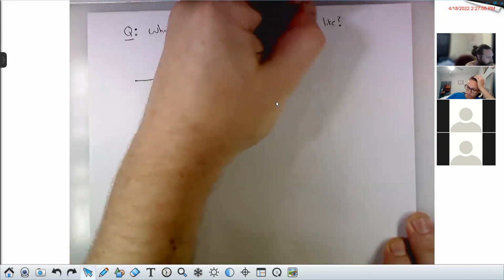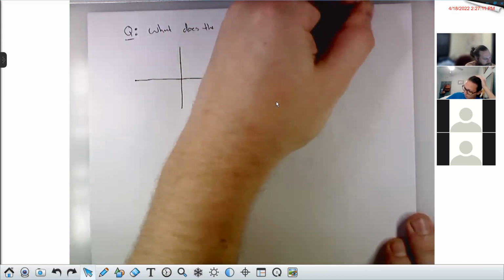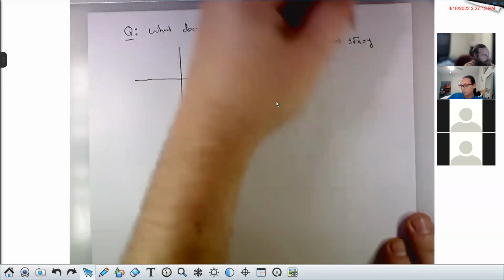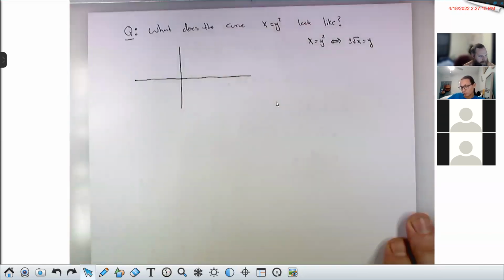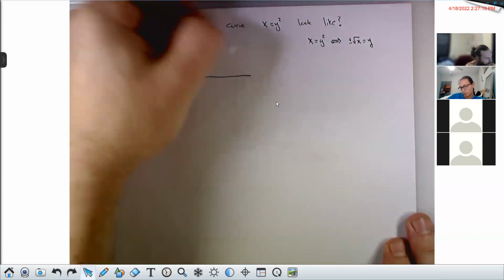Or you can say x equals y squared is the same as saying plus and minus the square root of x equals y. The positive square root of x looks like this.